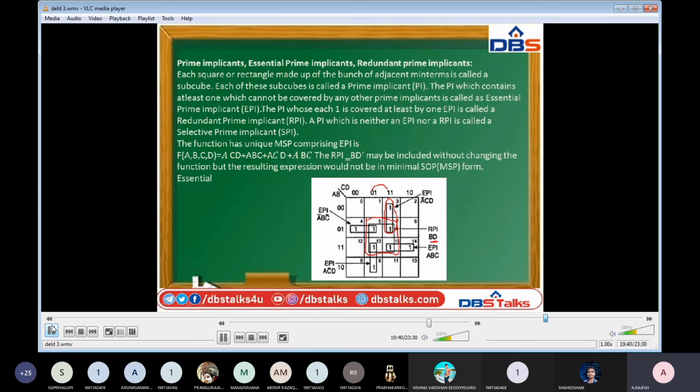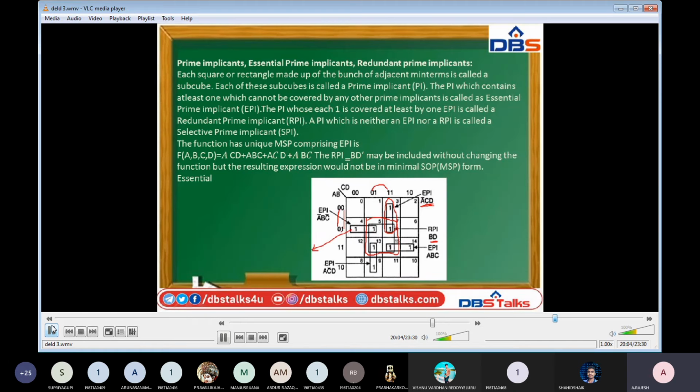So in this one, A is not varying. That means the A value is only 0, but B is varying from 0 to 1. That's why A complement. And CD is not varying. CD, A complement CD.